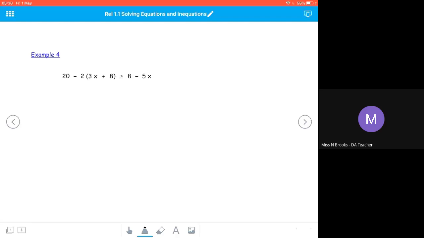Final example, we've got 20 take away 2 upon 3x plus 8 is greater than or equal to 8 minus 5x. So before we can start solving this inequation, we need to expand that bracket and collect the like terms on the left-hand side.